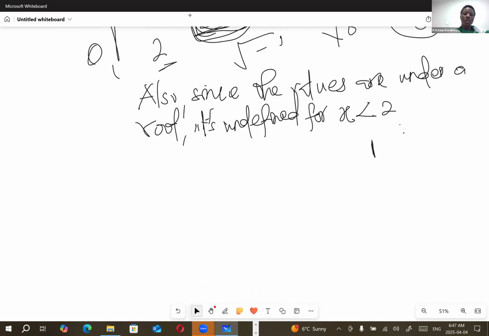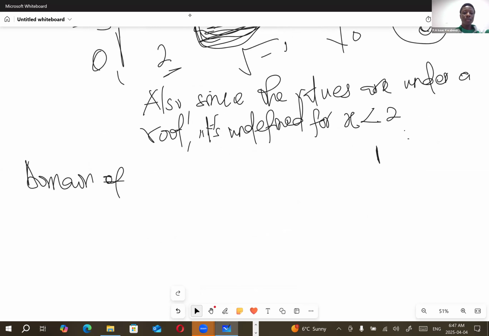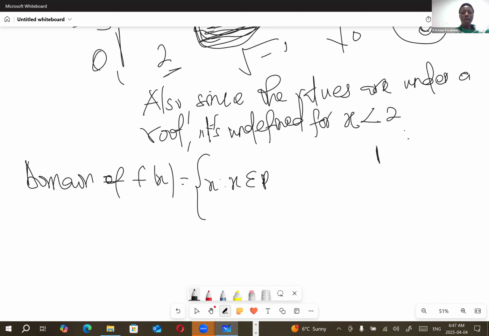You can just say that the domain of f of x is equal to x such that x belongs to all real numbers, all right?